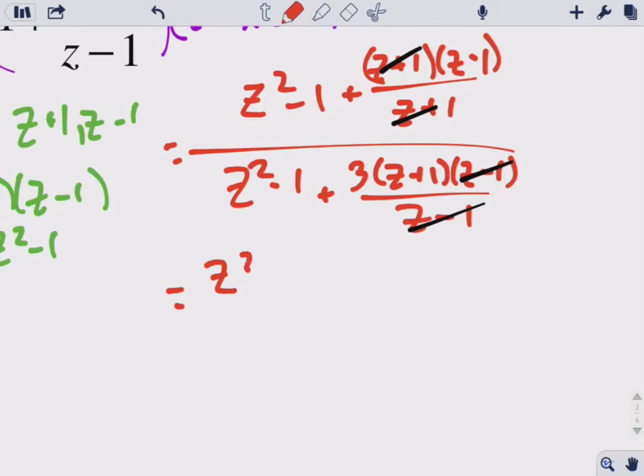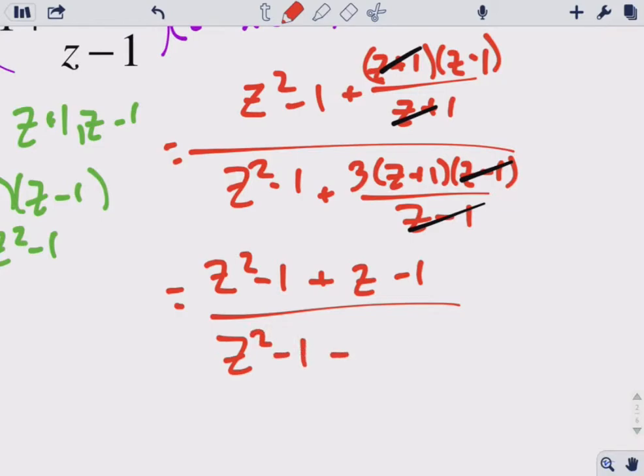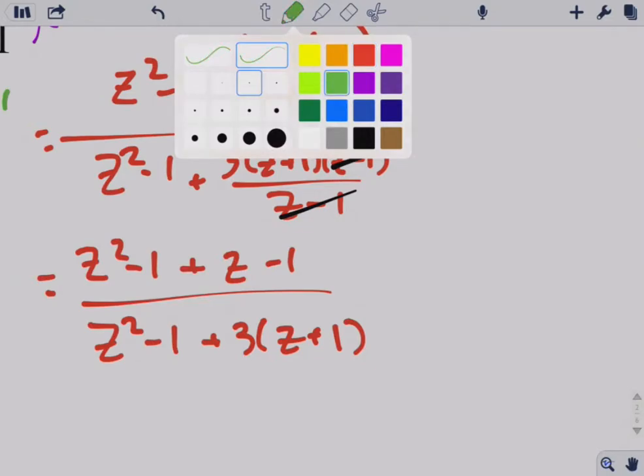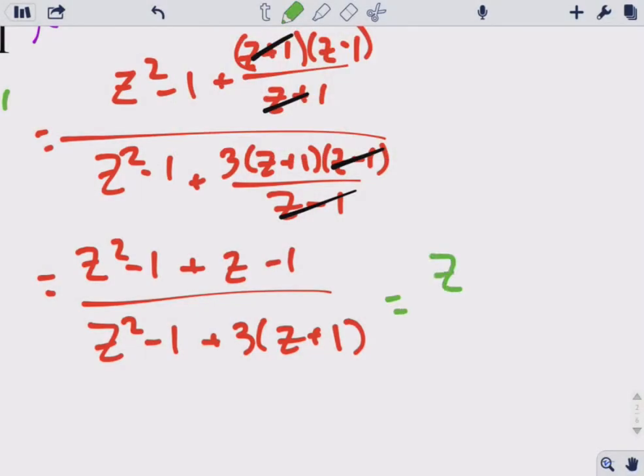I get z squared minus 1 plus z minus 1 over z squared minus 1 plus 3 times z plus 1. Okay, we'll take care of this stuff here, and that multiplies out to be equal to, top one is z squared plus z minus 2. Bottom one is z squared minus 1 plus 3z plus 1.